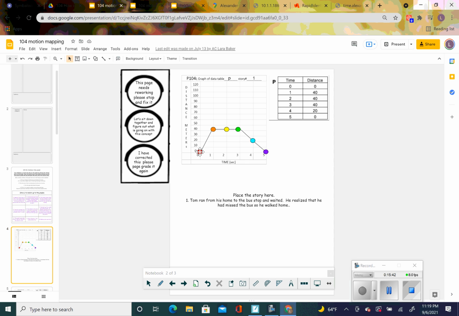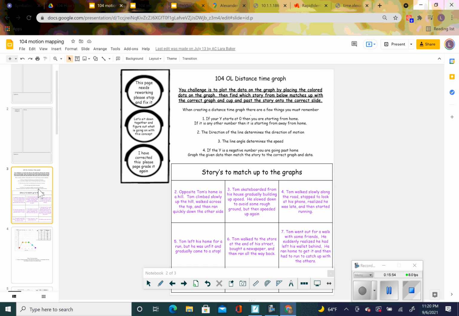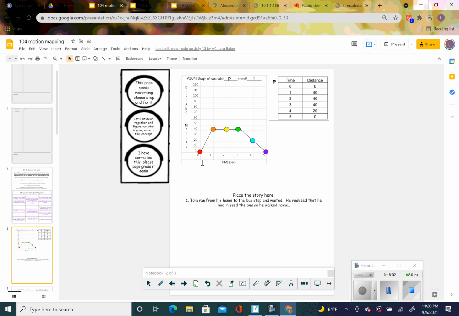And then if you want to, put a line between them so you can kind of see the pattern of the graph. Then once you have graphed them all, you are going to go back to page 3, and you are going to find the story that matches your graph's motion.